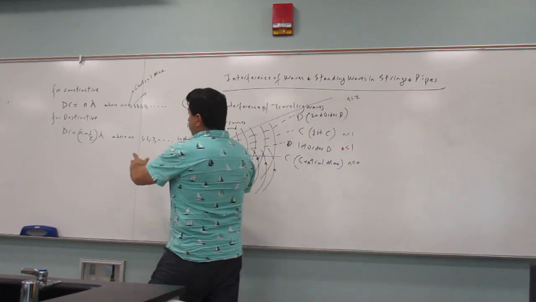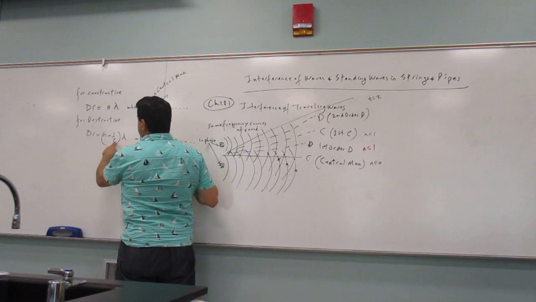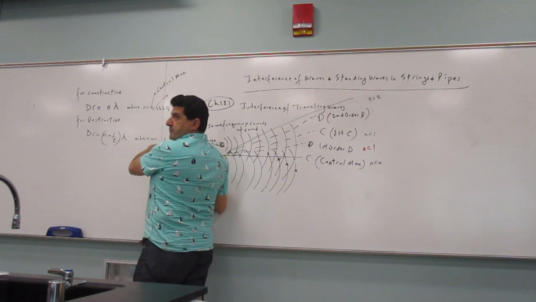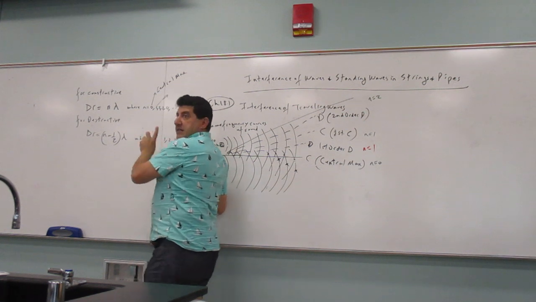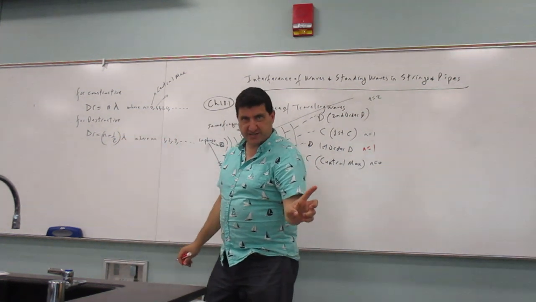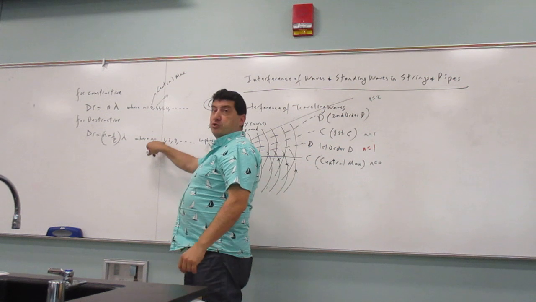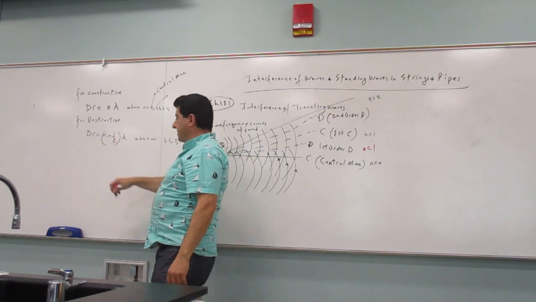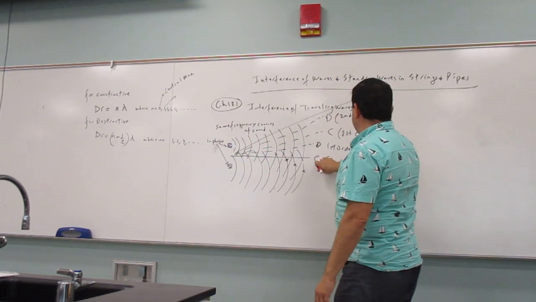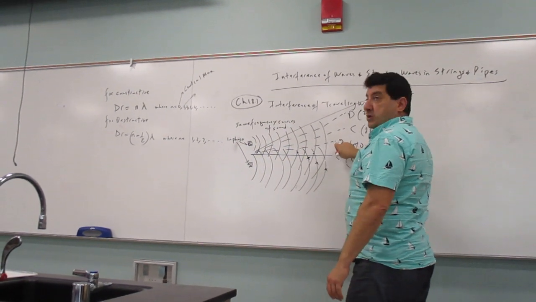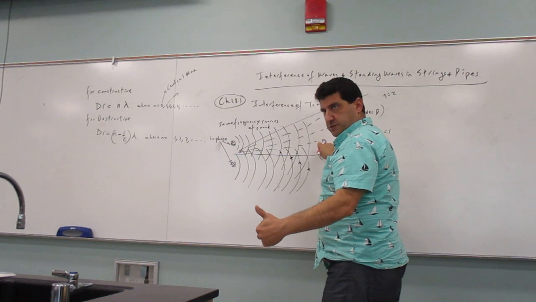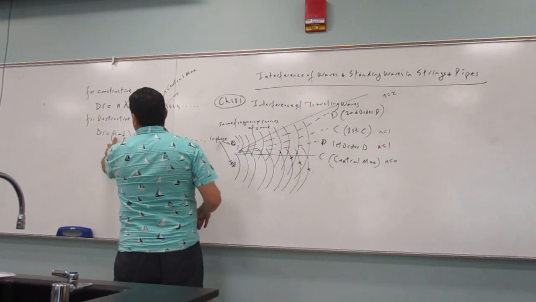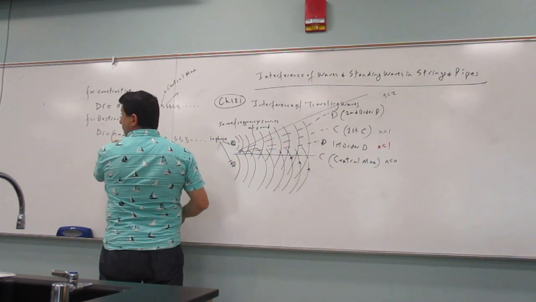So the reason I wrote this as n minus a half is so that I won't have any 0 for minimums, right? I'd rather have n is 0 only for max, and then I can say n is 1 is first order min, and then 1 minus half is a half. It's a half of a wavelength. So besides the central maximum then, it's the destructive interference that occurs first. Because you put 1 here, and you get 1 minus a half, right?